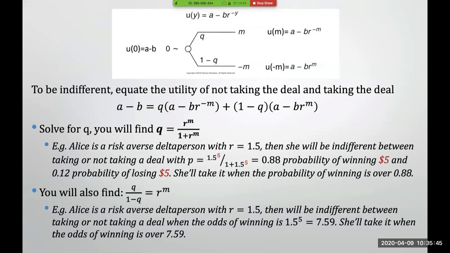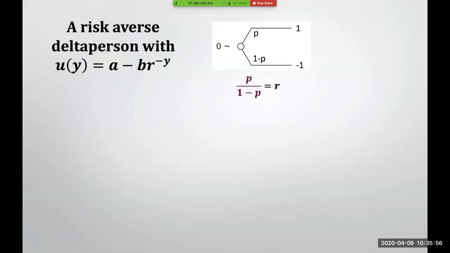So just a recap of what we have learned so far. For binary deals with either $1 or M dollars at stake, this is what we learned.